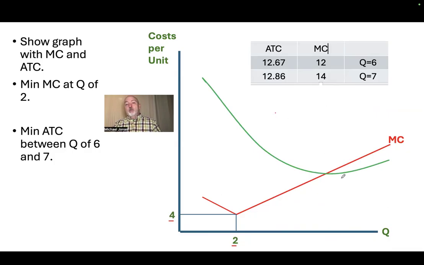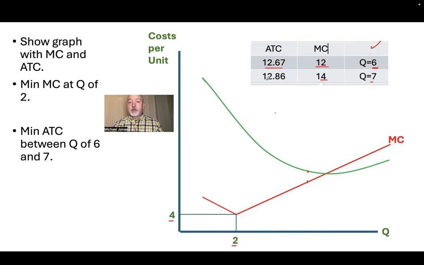And then we want to do our best, right, to figure out where that intersection point is. So in this little portion of the table up here, we take out that intersection point, and we notice that when output was 6, the average was above the marginal. So we're somewhere here, average above the marginal, and at output 7, they flip position.